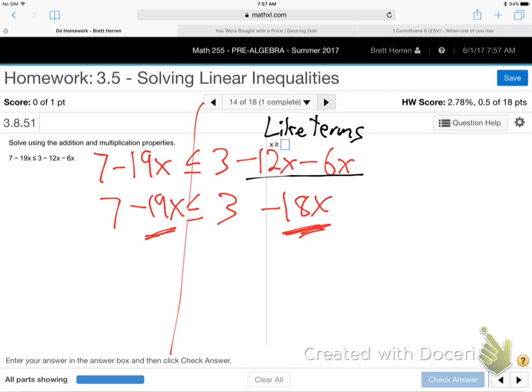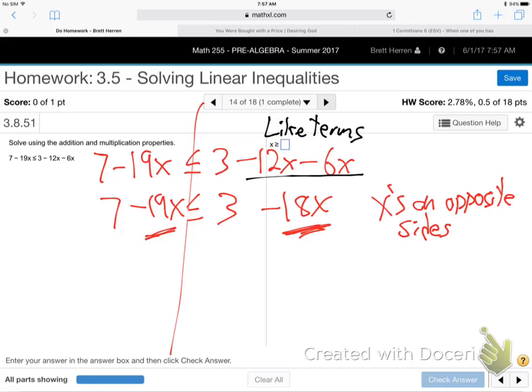Now, what do I do to deal with them? What do we always do with x's on opposite sides? You can do plus 18x or plus 19x, either one. You have to do the opposite of somebody.